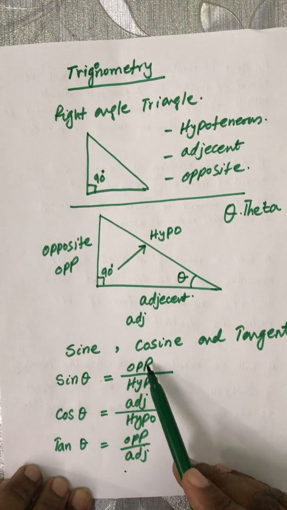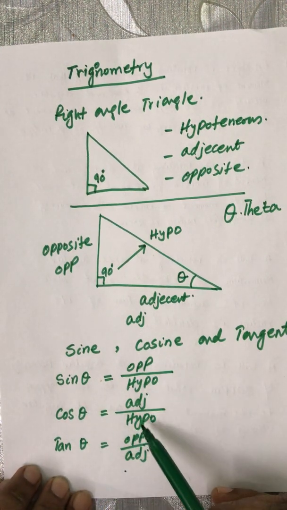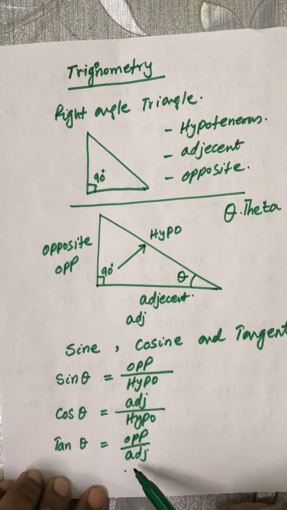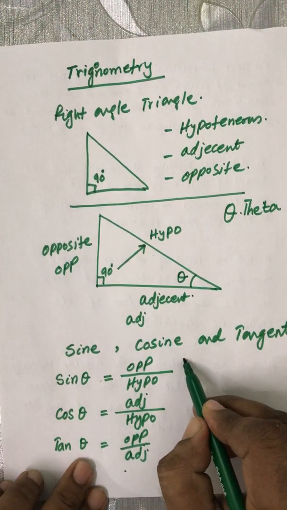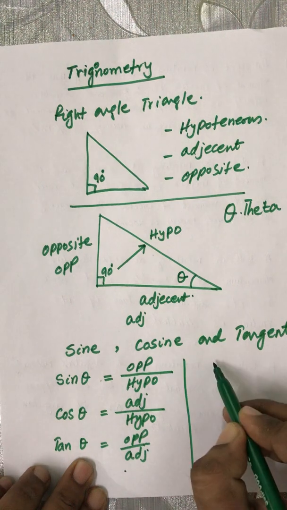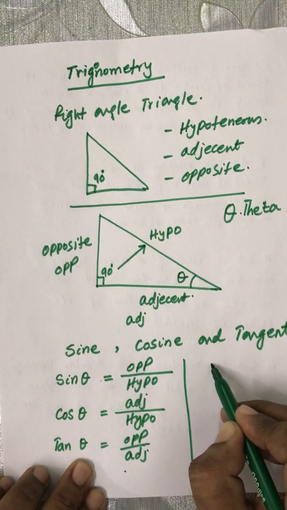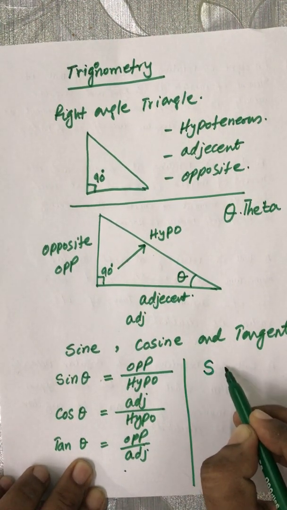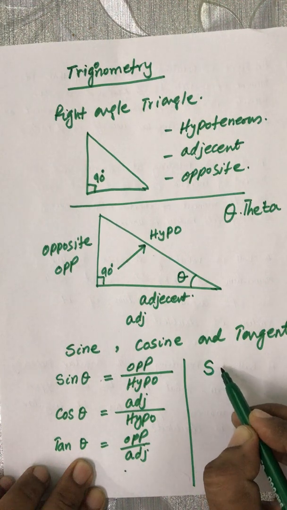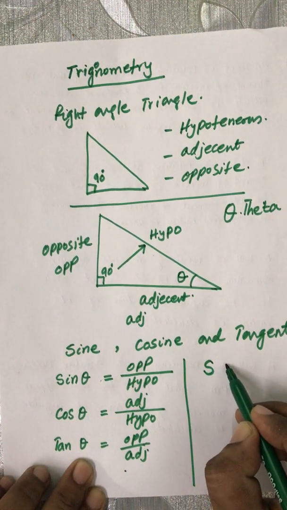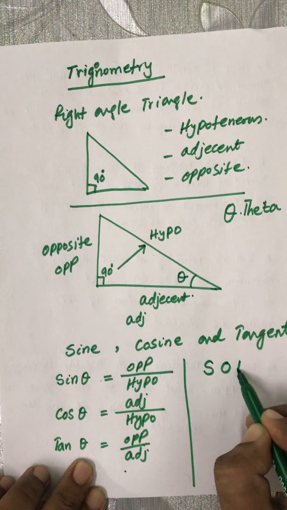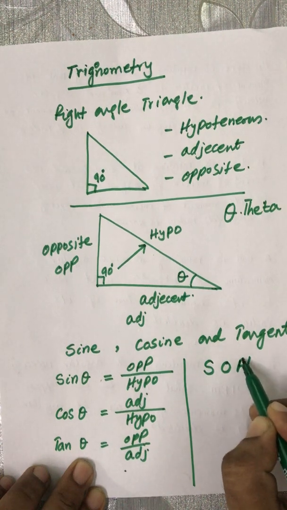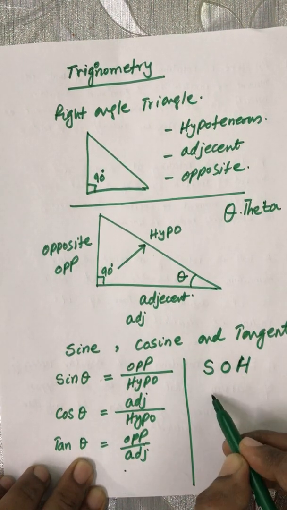Sine is opposite over hypotenuse, cosine adjacent over hypotenuse, tan opposite over adjacent. Now we can memorize them like this. Sine is opposite over hypotenuse, so it will be SOH.